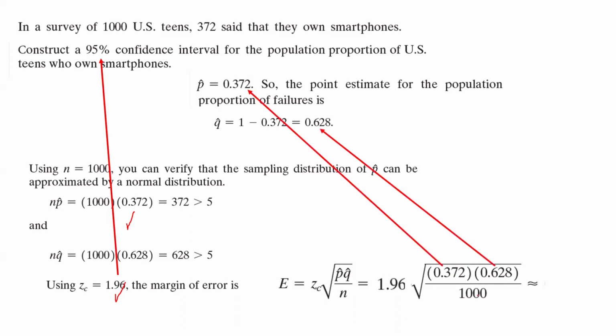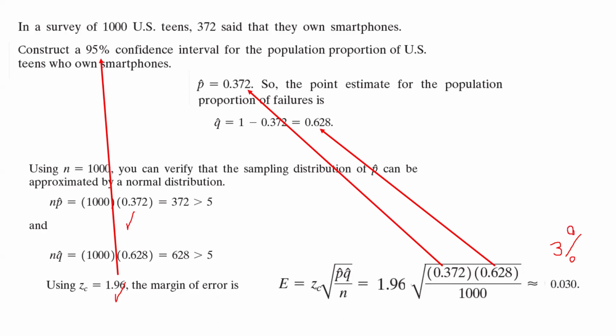If we do the calculation, it is 0.03. So this is the distance between the true population proportion and the sample proportion, about 3%. This is just the distance, the margin of error.